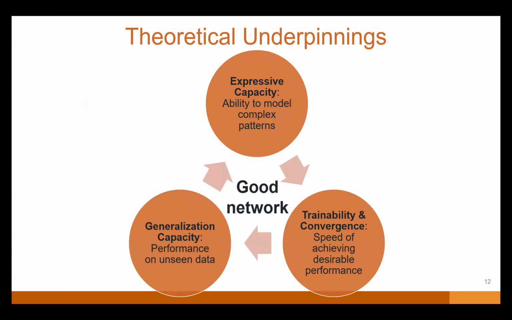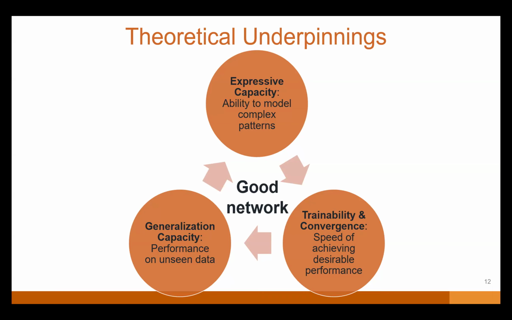So the big picture means that a good network can be designed when all these three criteria shown here in these three bubbles are satisfied. And by these three, I mean the capacity of expressiveness. So basically, the proxy that we use to design the model should be able to capture subtle patterns that correlate the network behavior with the objective at hand, with the application at hand. Then it should have a good generalization capability.